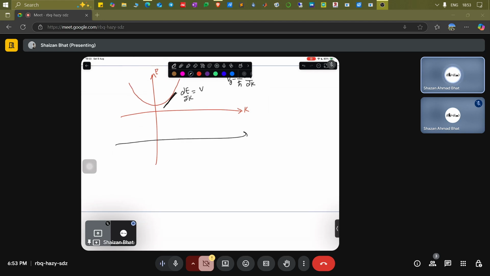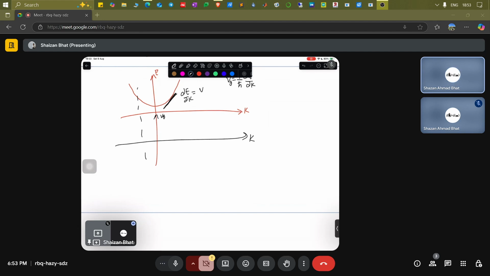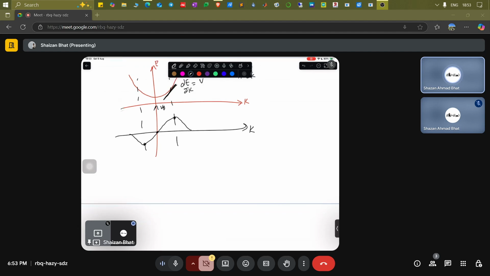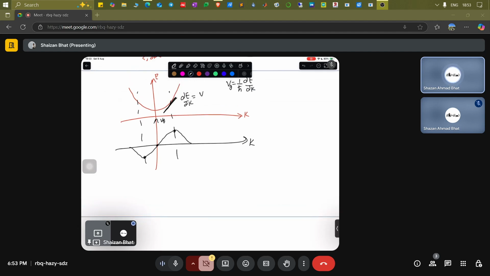So if you differentiate it, you get the group velocity of the electron. The slope here is 0, and there is a maximum peak here. So you get something like this. This is the group velocity of the electrons in the band I'm talking about.